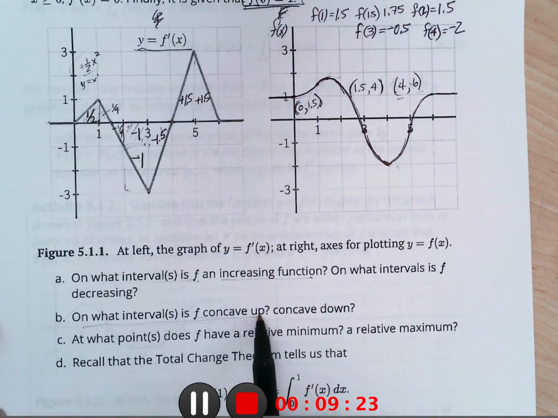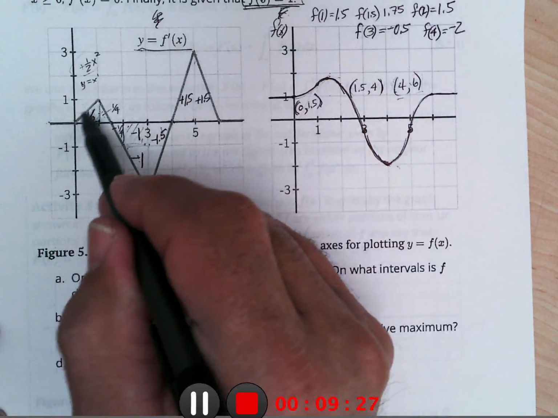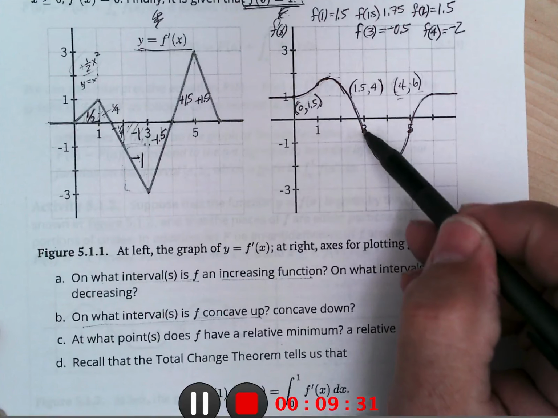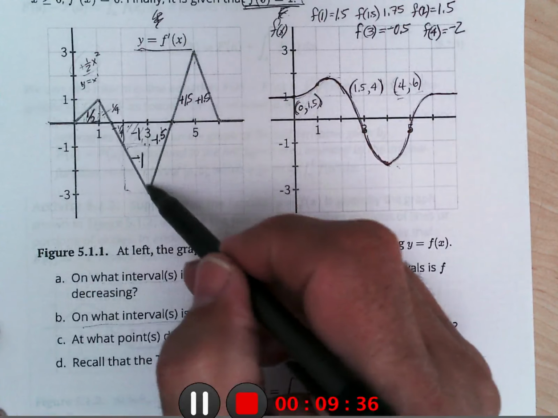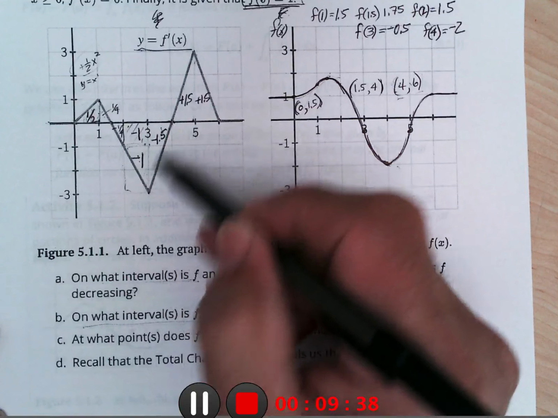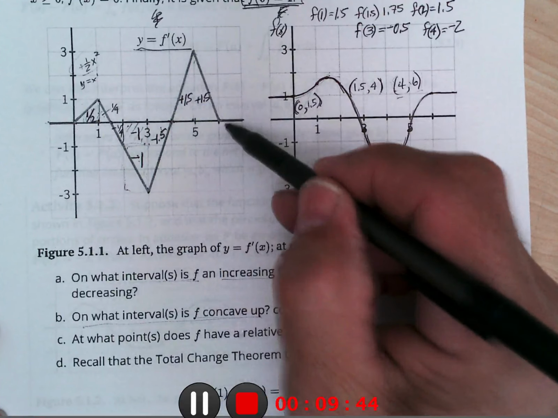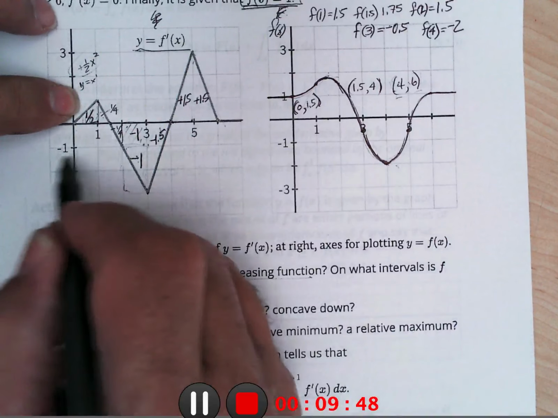Well, it's concave up when this slope is positive. Concave down from 1 to 3 when the slope is negative. When the slope is positive, it's concave up, and when its slope is negative, it's concave down. So concave up from 0 to 1.